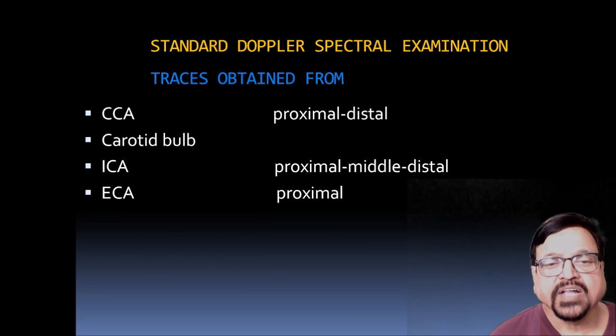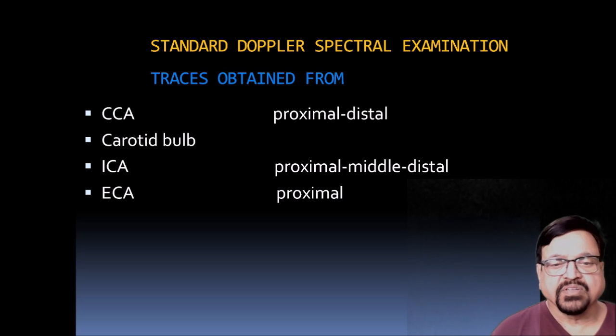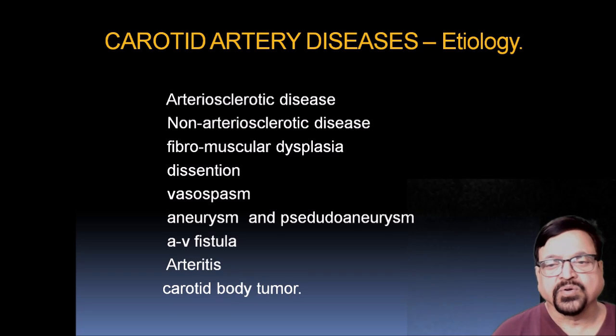Now, what are the standard Doppler spectral examinations? This includes common carotid artery, proximal and distal segments, then carotid bulb, internal carotid artery, proximal, middle and distal segments, and external carotid artery. Only the proximal segment is included in the carotid artery examination.